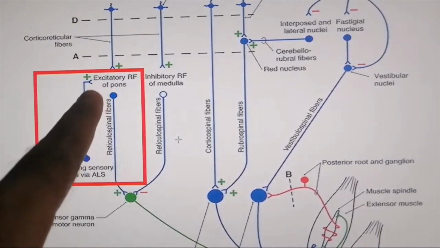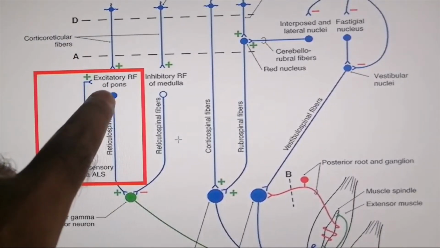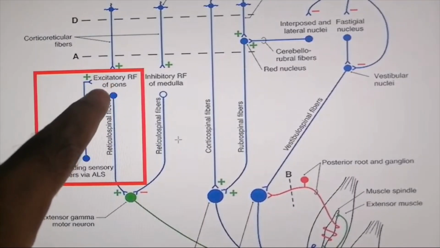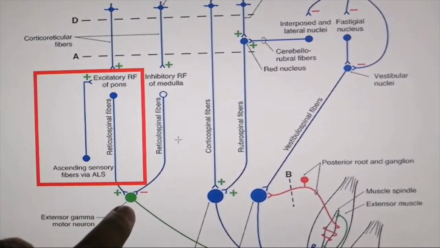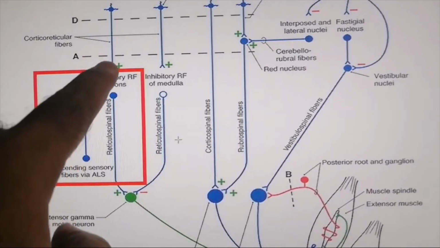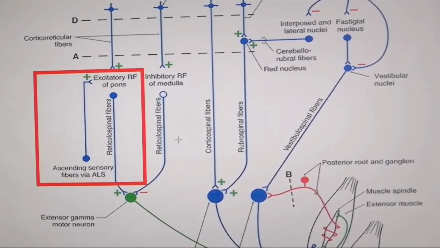Okay, and you have proof that it becomes a bit naughty here and tickles the excitatory reticular formation nucleus, which is, by the way, excitatory to the gamma, and is being excited by the cerebral cortex in the first place. This also excites it.